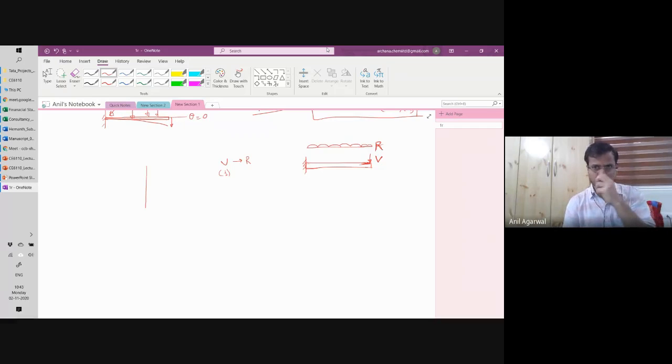Now, when the first part is applied, unfortunately R is shown here first, but let's say only the virtual load is applied. The beam will deflect under the virtual load, and some deflection will be there. Let me plot the deflection of the beam with load.